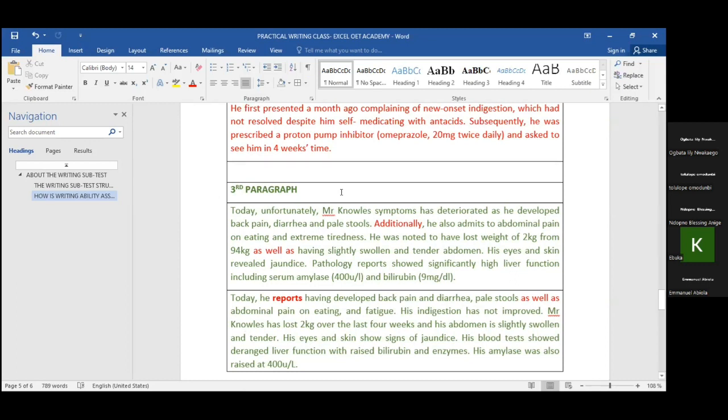Okay, here too I brought Mr. Nose in the beginning. Then for the others I was using he, I was using pronouns. So today, he reports having developed back pain and diarrhea, pale stool, as well as abdominal pain on eating and fatigue. His indigestion has not improved. Okay, Mr. Nose has lost 2 kg over the last 4 weeks.